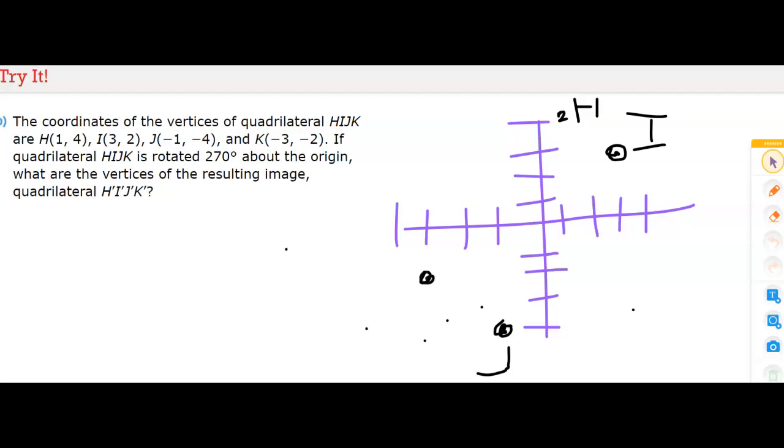Again, this is not exact. This is from a quick picture. So I'm going to connect the dots so we can see our quadrilateral.